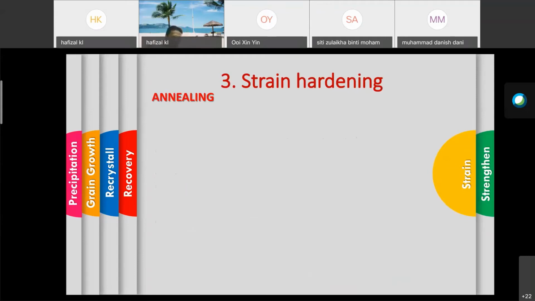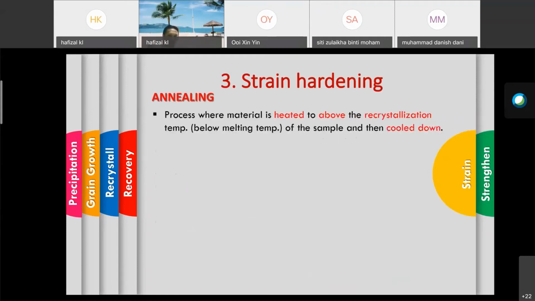Then we go for annealing, where we introduce heat to above the recrystallization temperature but below the melting temperature. If a certain metal has a certain melting temperature, during annealing we introduce heat below that.